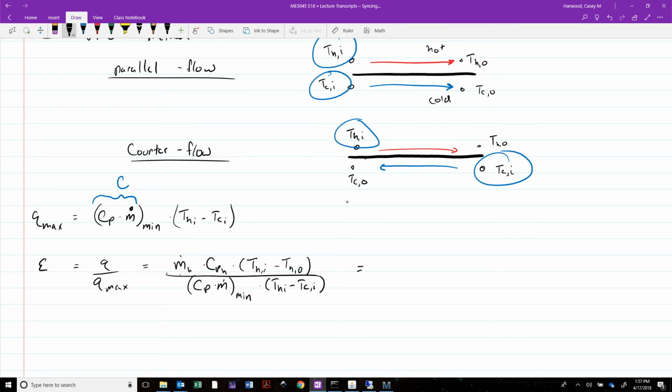Or we could write it using information about the cold fluid, in which case we would say m dot C times Cp C times the temperature rise between the inlet and the outlet, so Tco minus Tci, over the same denominator.